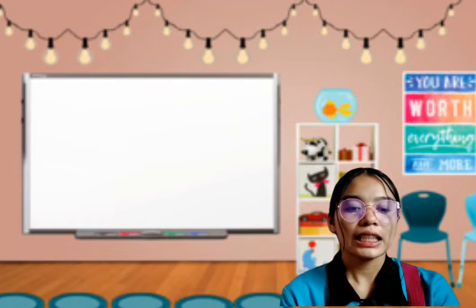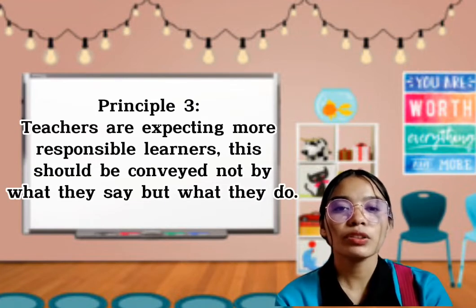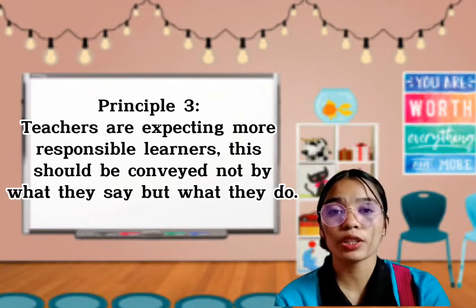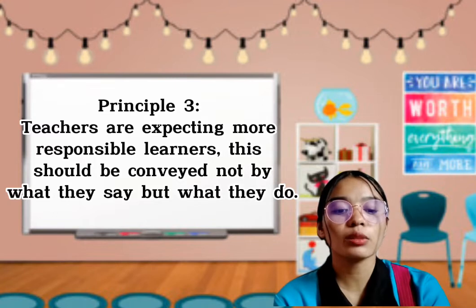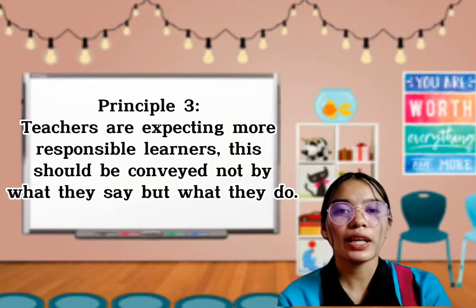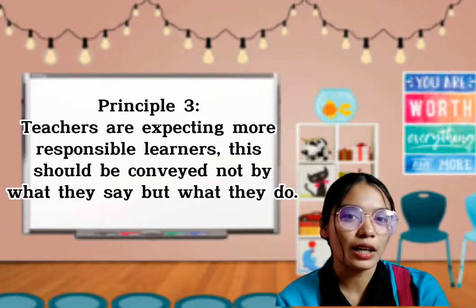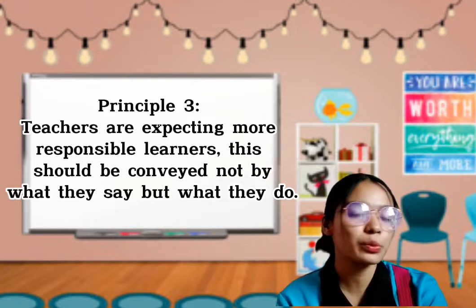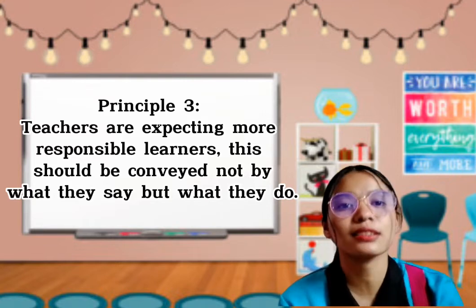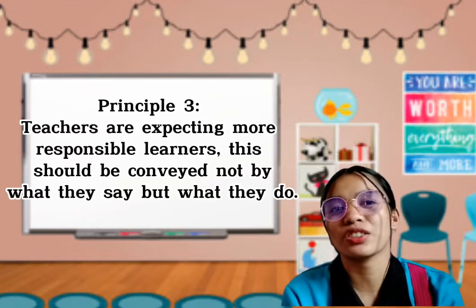Principle 3 is about consistency in word and deed. When teachers are expecting more responsible learners, this should be conveyed not by what they say, but by what they do. In this principle, we can insert the saying, actions speak louder than words. We can easily trust actions, but words we cannot easily trust, because there's a big possibility that words are just words.